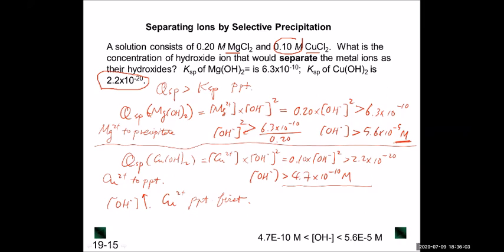And so to separate the metal ions, that means we precipitate only one of the two ions first. As you can see, as the hydroxide increases, copper goes first. So basically, we need to decide what hydroxide concentration makes only copper precipitate, whereas the magnesium does not precipitate.